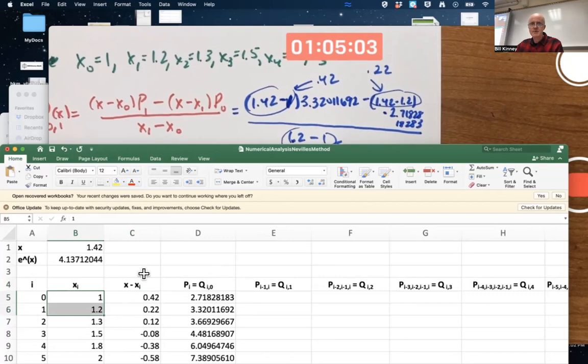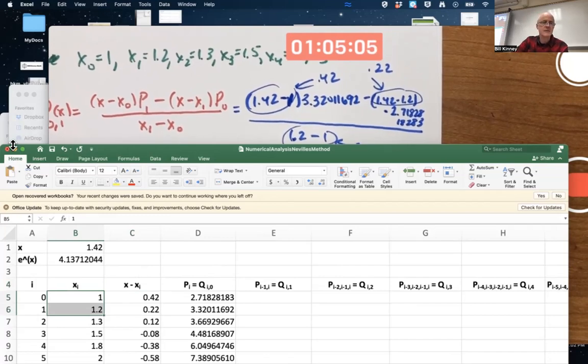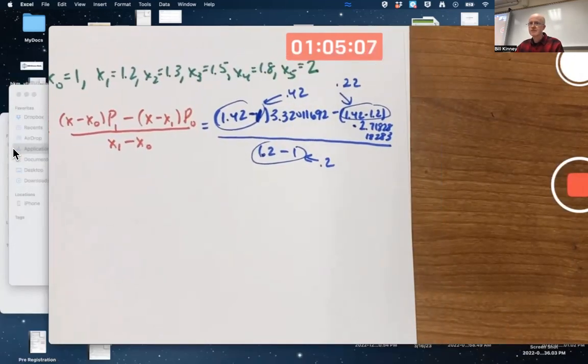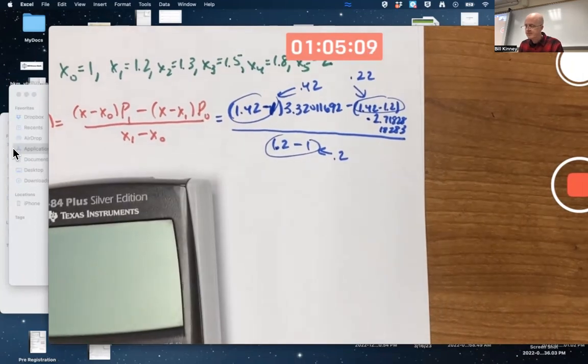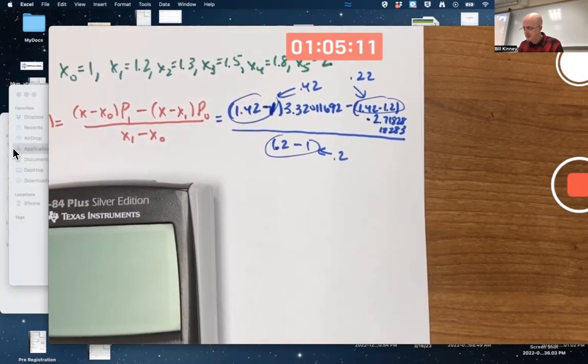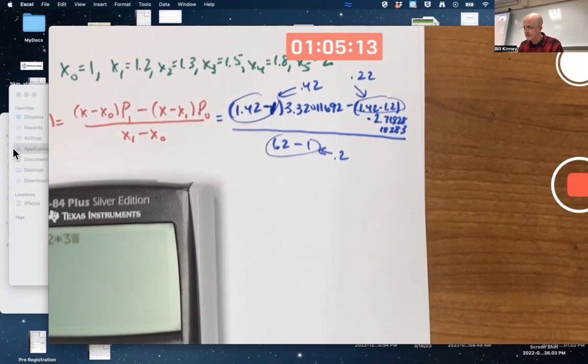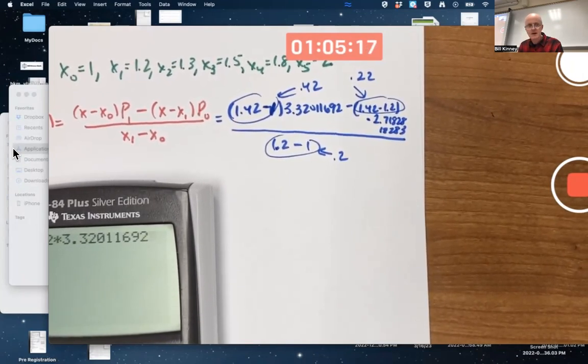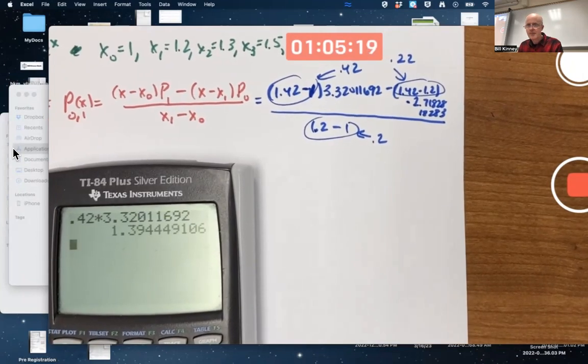All right, let's see what happens when we compute this with a calculator. The numerator is going to be 0.42 times 3.320111692. I'll just enter that first.